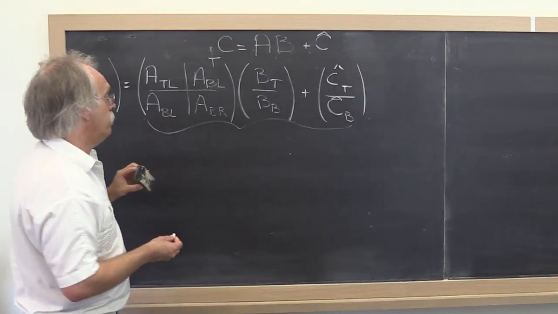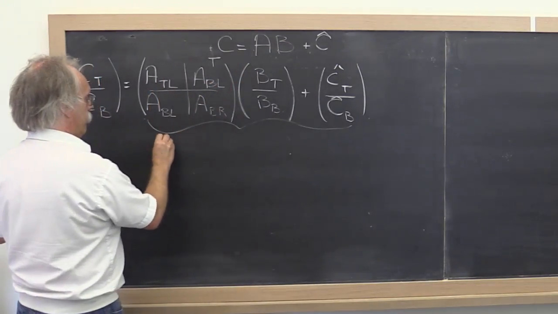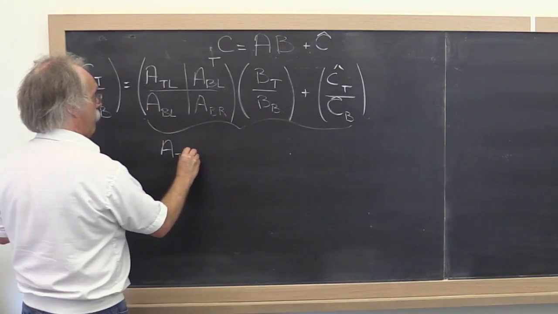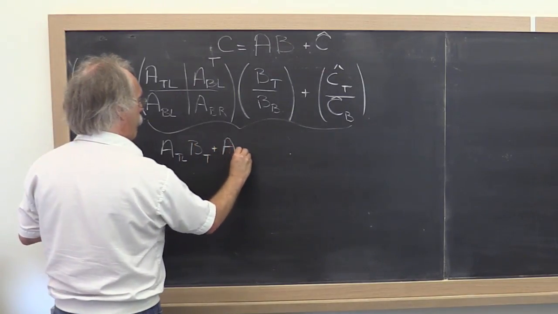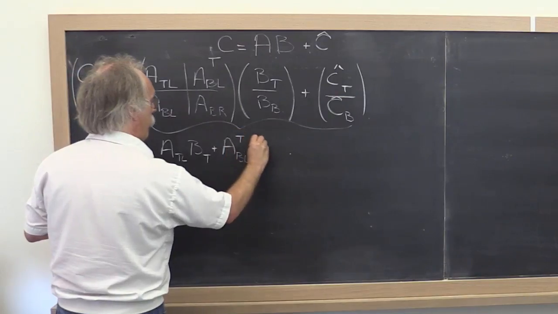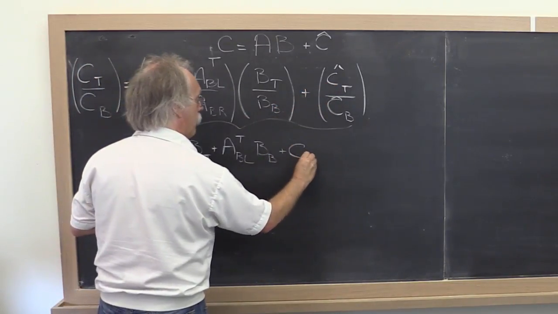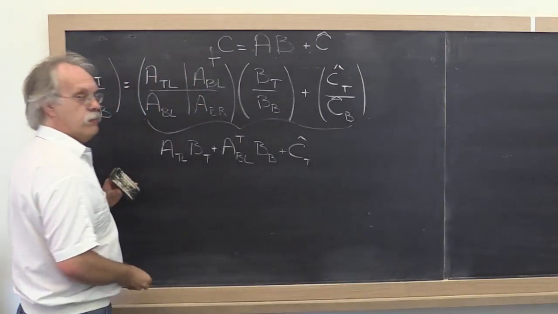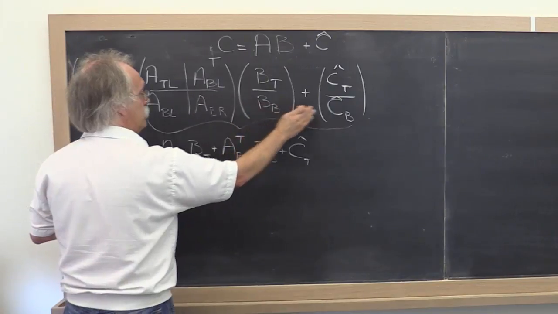Okay, so let's multiply it out. We get this times that plus this times that, which must be added to that. We get this times that plus this times that, which must be added to that.